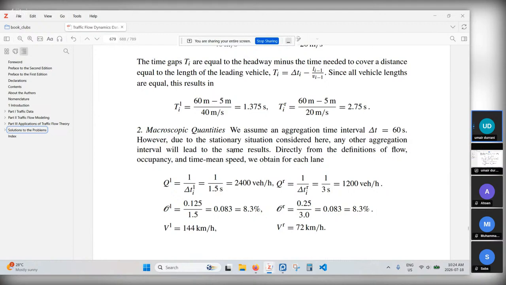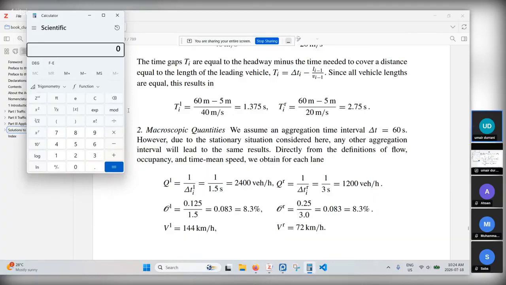We know that the length is 5 meters and the speed is 40 meters per second. So if we take 5 divided by 40, that comes out to be 0.125. So one vehicle in the left lane, which has a length of 5 meters, is going to be on the detector while traveling at a speed of 40 meters per second.